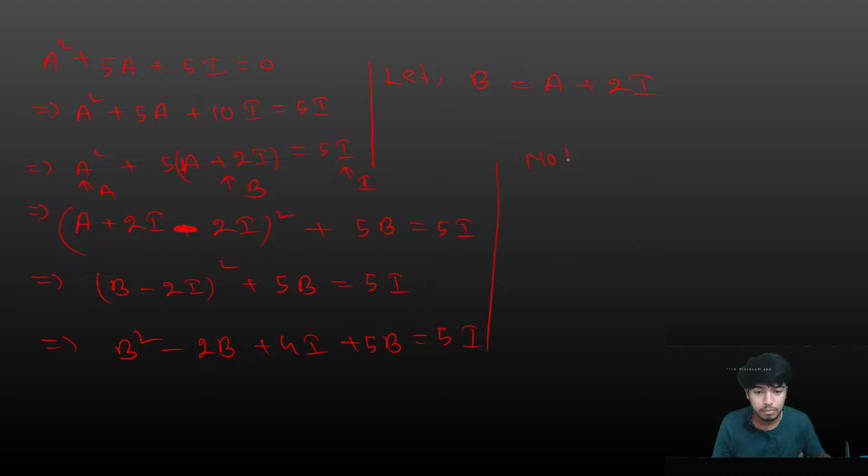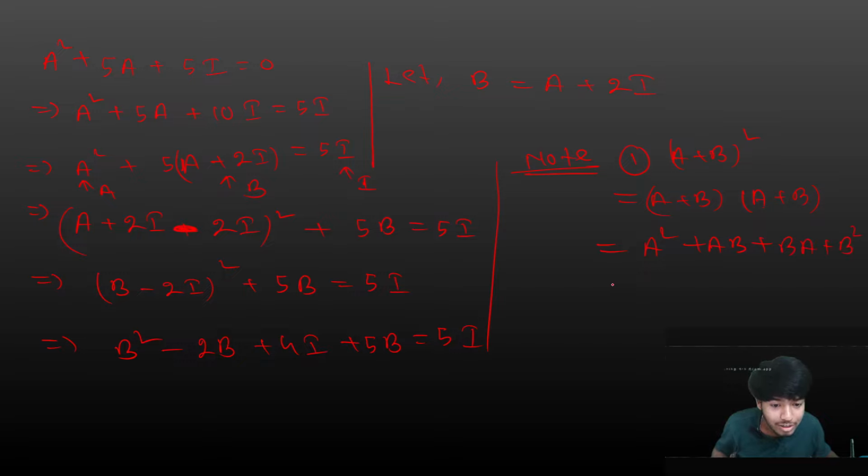Note the point: we know that (a plus b) whole square equals what? (a plus b) times (a plus b), when the matrix addition is defined. This is the crucial point. So this gives a square, ab, then ba, plus b square. Here we do not write it in the form a square plus 2ab plus b square, because we don't know about the matrix commutativity property.